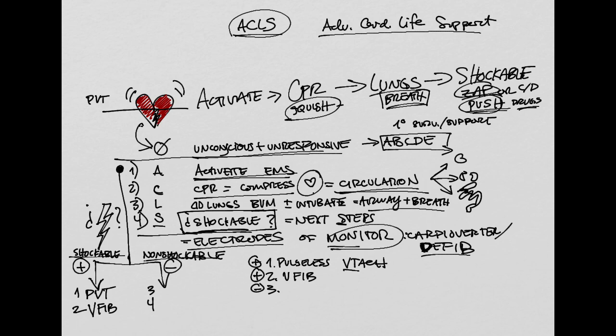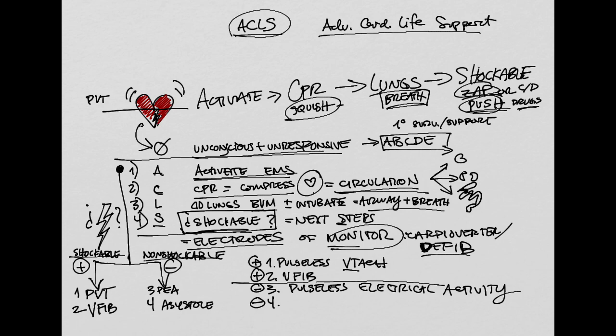The third one, which you cannot shock, and the fourth one, which you cannot shock, are going to be pulseless electrical activity, and then finally we're going to have asystole, which is basically like cardiac arrest.